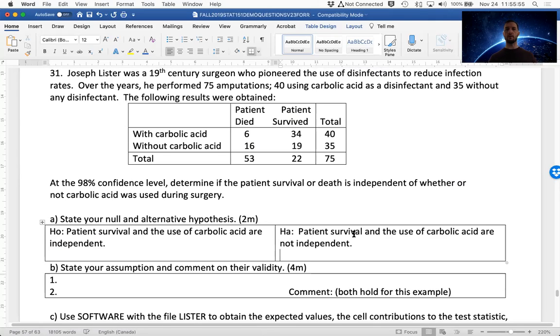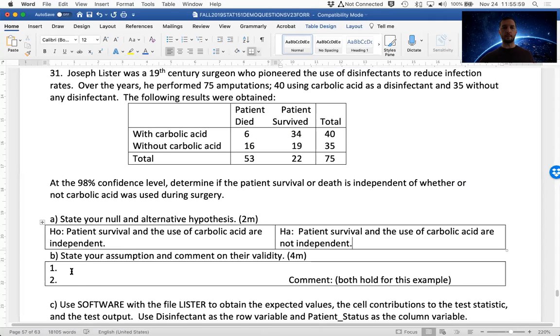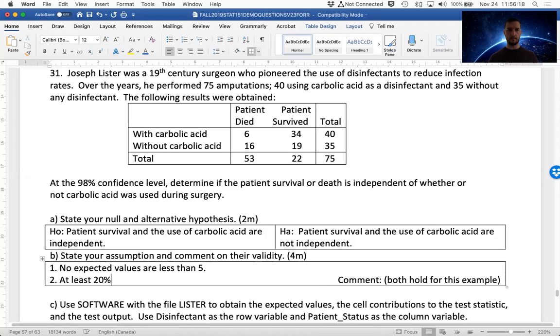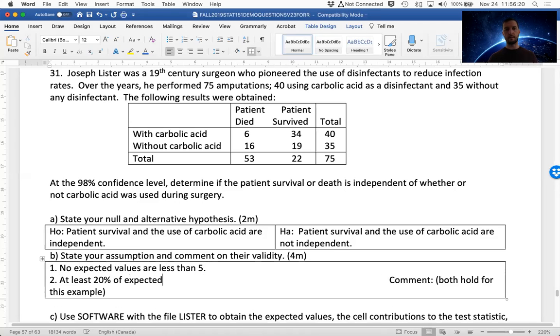Okay, so these are the two outcomes. State the assumptions. The assumptions are always the same. One, no expected values are less than 5. Two, at least 20% of expected values are greater than 5. And three, we have SRS.